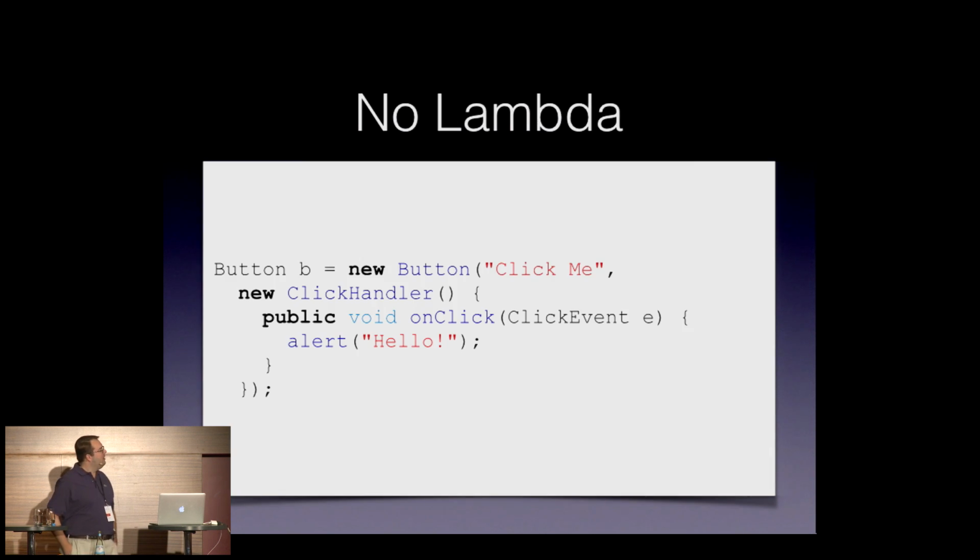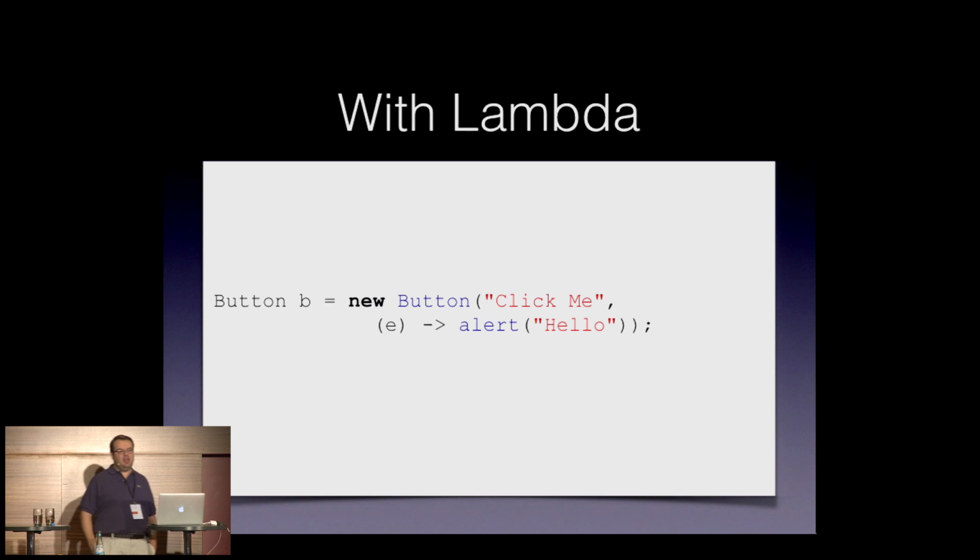Here's an example. This is what adding a click handler to a button looks like today. The second argument is an event listener or event handler. You pass in an anonymous inner class. And really, the only important line of code in this whole slide is the line that says alert hello. But there are 1, 2, 3, 4 other lines of code there just to pass in essentially what it really does.